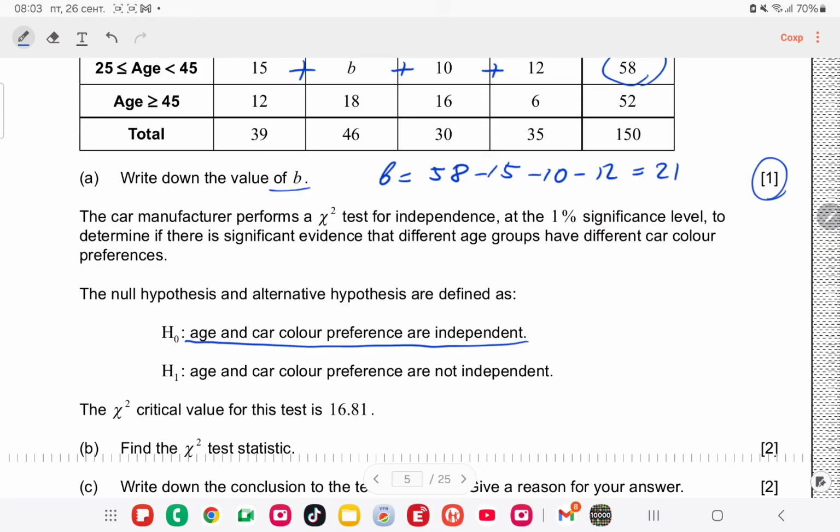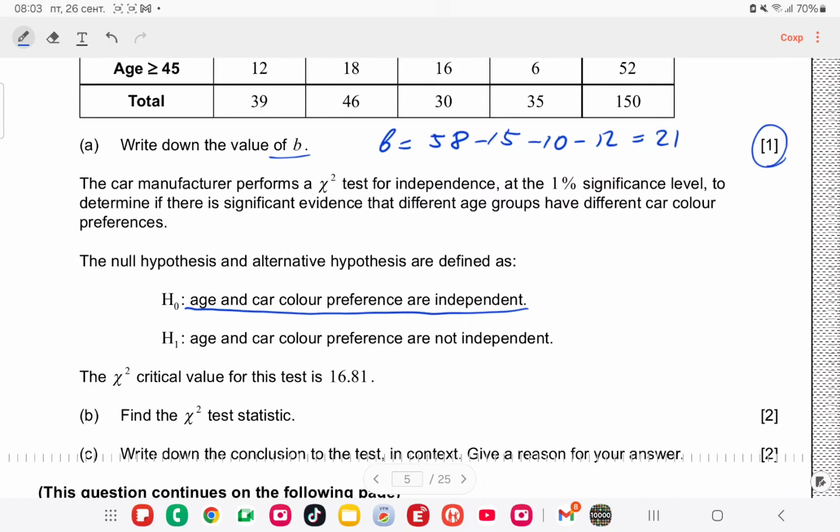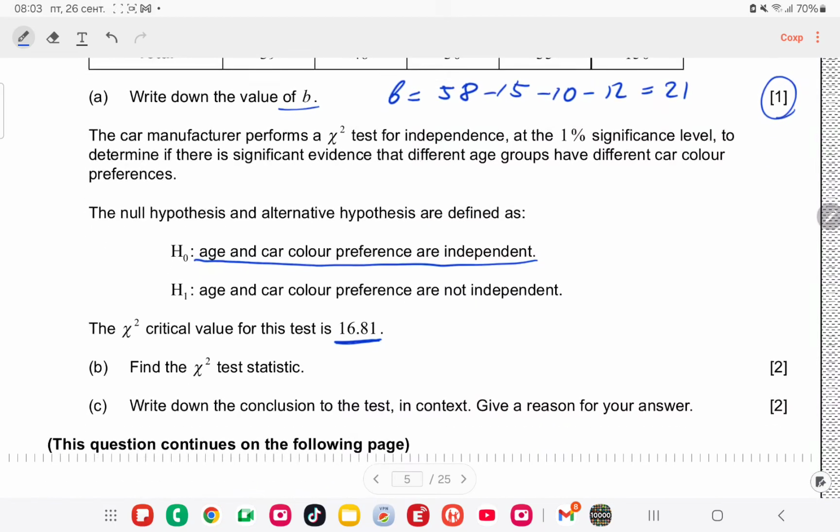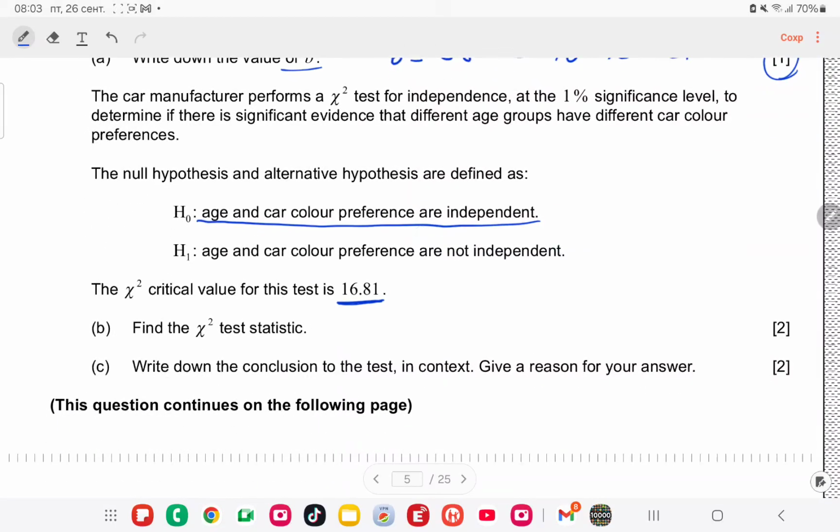And the alternative hypothesis: age and car color preferences are not independent. If we perform the chi-square test, we will see that the critical value for the test is given by 16.81.